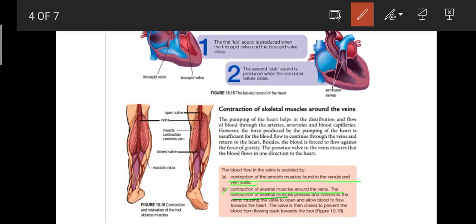The contractions of skeletal muscle press and constrict the veins, causing the valve to open and allow blood to flow towards the heart. Okay, the valve is then closed to prevent the blood from flowing back towards the foot. So inilah yang membantu the blood flow in our veins.